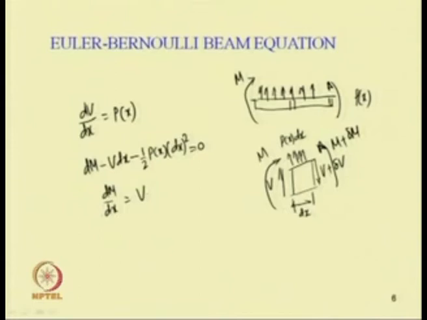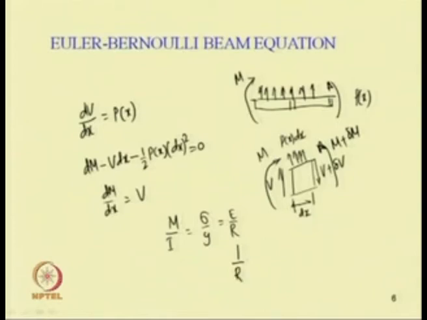From elementary strength of materials, for pure bending, M by I equal to sigma by y equal to E by R, where M is the bending moment, I is the moment of inertia, sigma is the stress, y is the distance from the neutral axis, E is the Young's modulus and R is the radius of curvature.